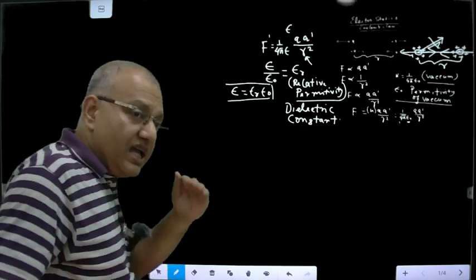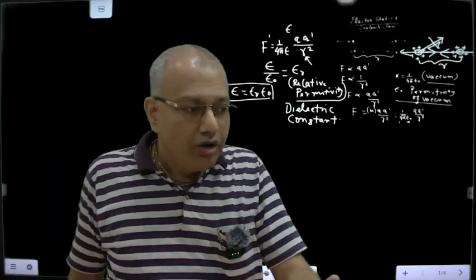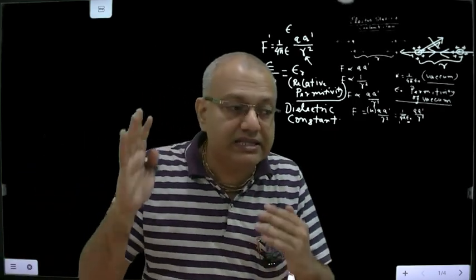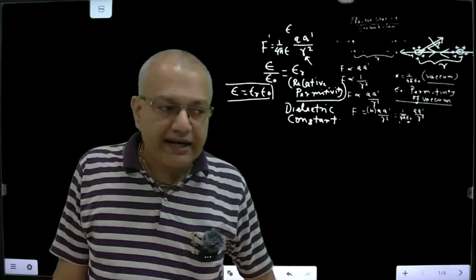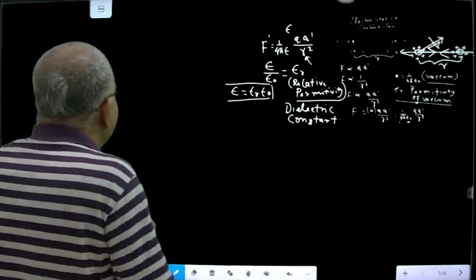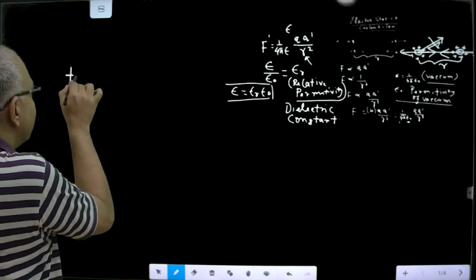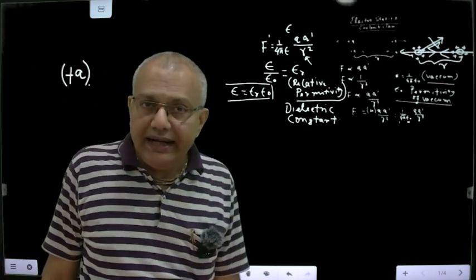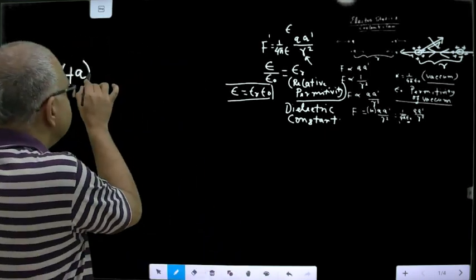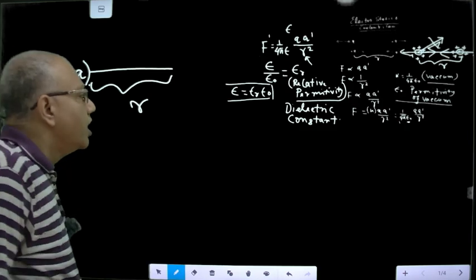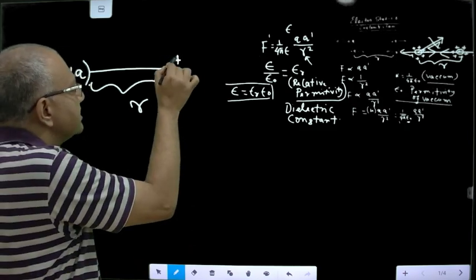So, the definition of the electric field, or we can say electric field intensity. What is this actually? Let us think that we have placed a charge here, and at a certain distance r, we have placed a unit positive charge.